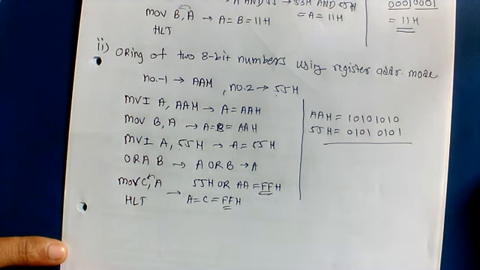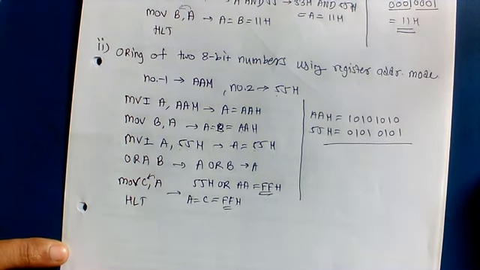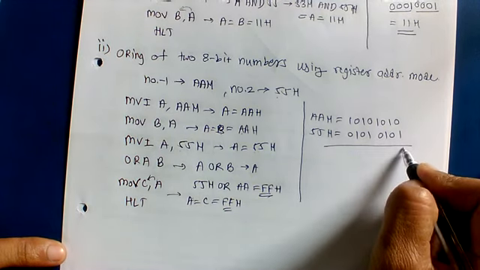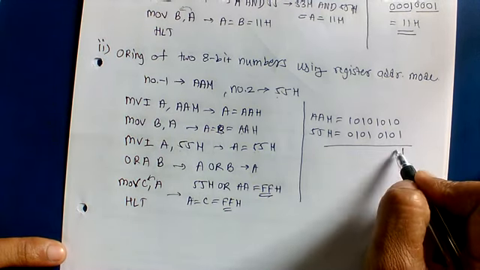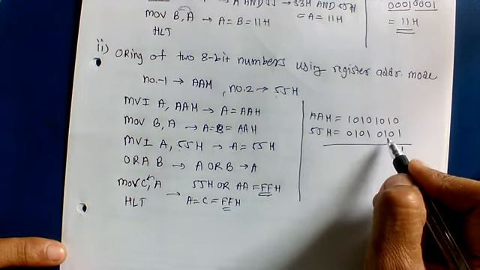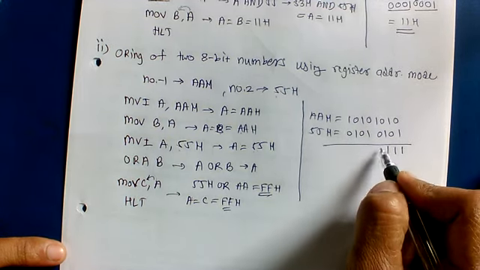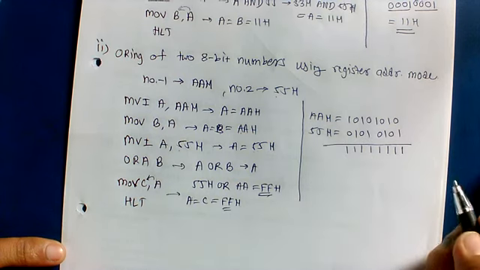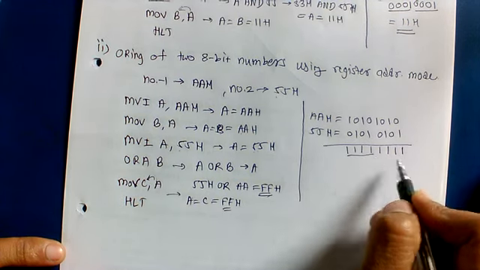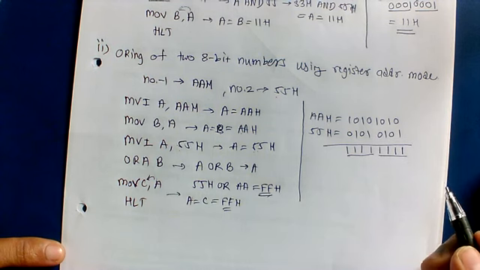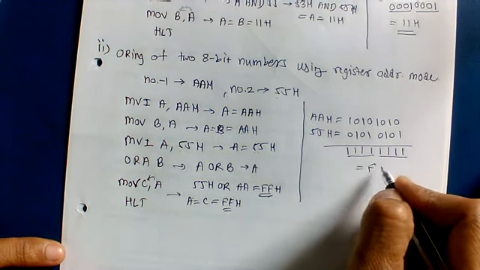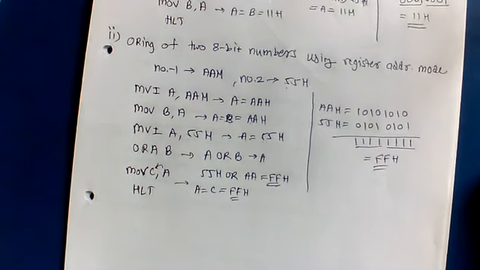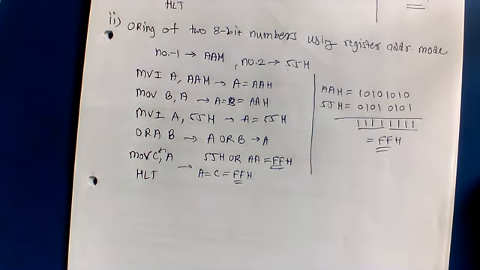Also in case of 1 and 1, you will get output logic 1. So 0 OR 1, you will get 1. 1 OR 0, you will get 1. 0 OR 1, you will get 1. In this way, everywhere you will get 1111, means F and F. This is the final result you are getting in the accumulator.